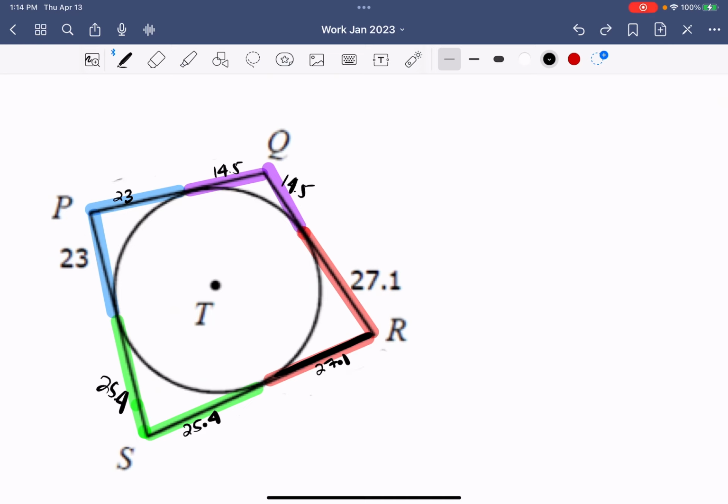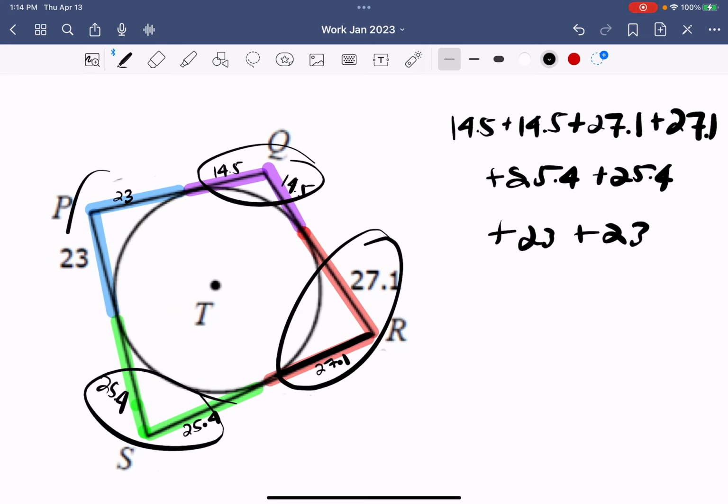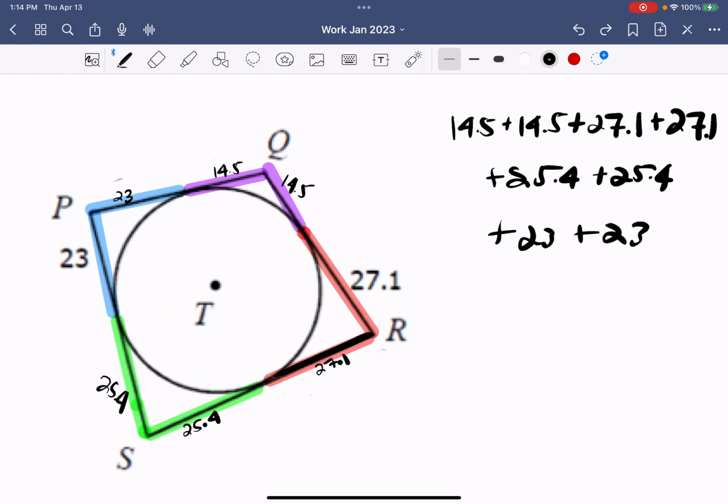All right, so on the calculator, 14.5 plus 14.5 plus 27.1 plus 27.1 plus 25.4 plus 25.4 plus 23 plus 23. I know that I should have double of each one, so I prefer to just use the tangents.